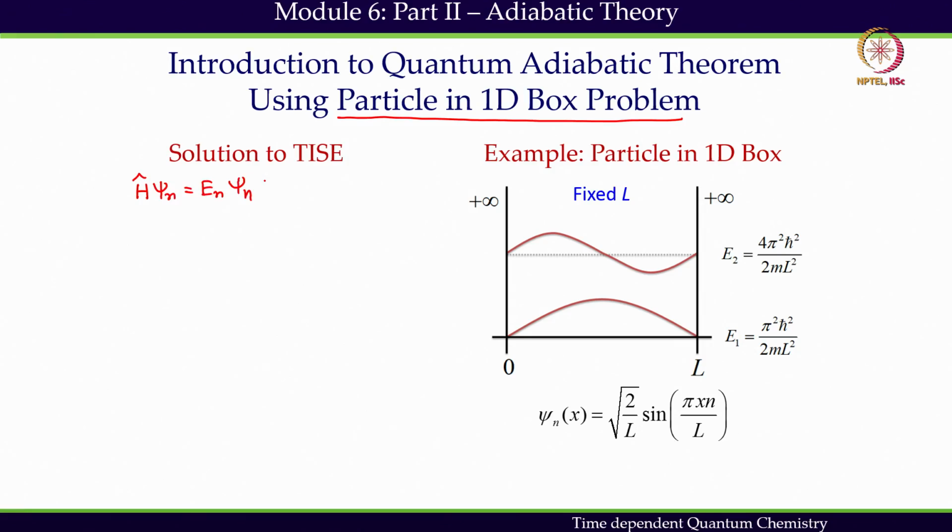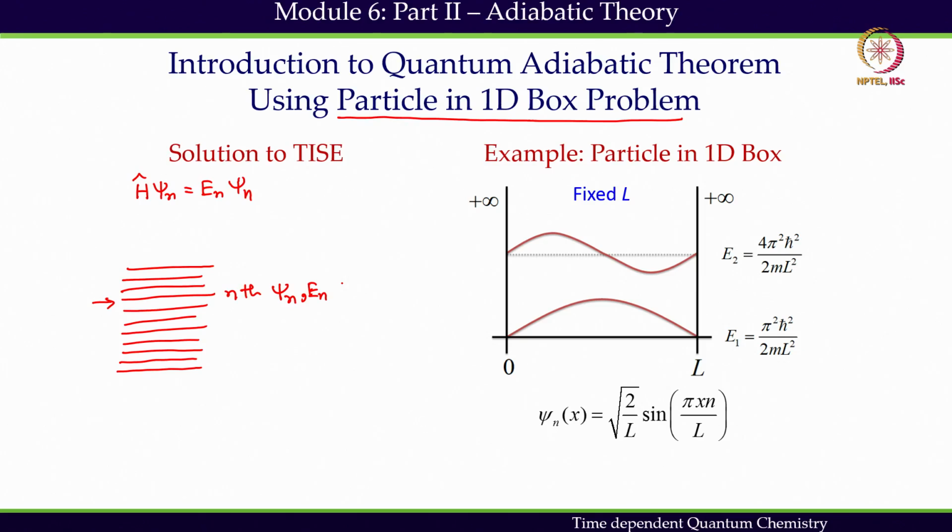When we solve the time independent Schrödinger equation, we get the entire spectrum of the system, which means the eigenstates of the system. Let us say this one is the nth eigenstate, and that eigenstate has the wave function psi n and its energy E n.